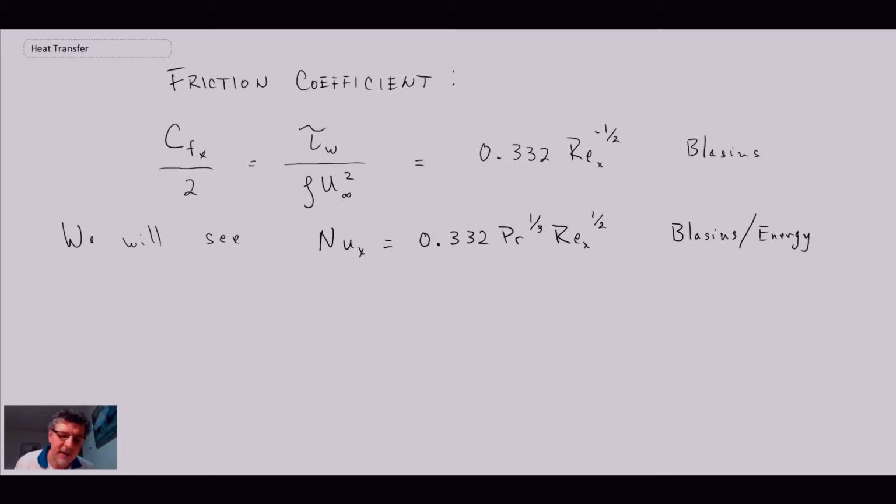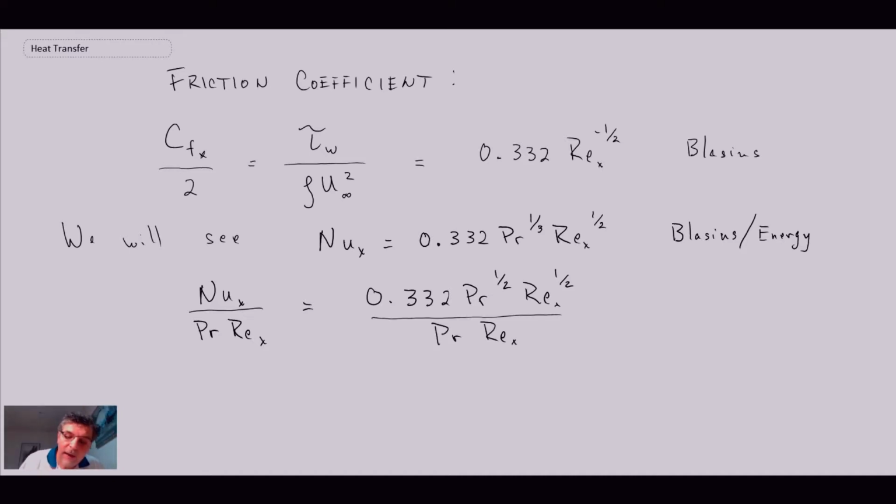And this would also be basically Blasius and energy. Using the energy equation, temperature profile, you can get the convective heat transfer coefficient from that, like we've seen in this lecture. Now, what I'm going to do, I'm going to divide both sides of that by Prandtl Reynolds number. So if we go Nusselt number x divided by Prandtl Reynolds number x, and here, sorry, that's not 1/2, that was 1/3.